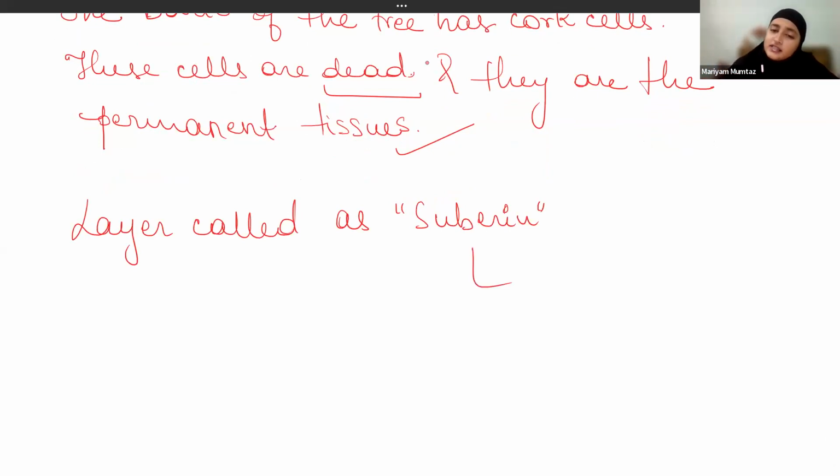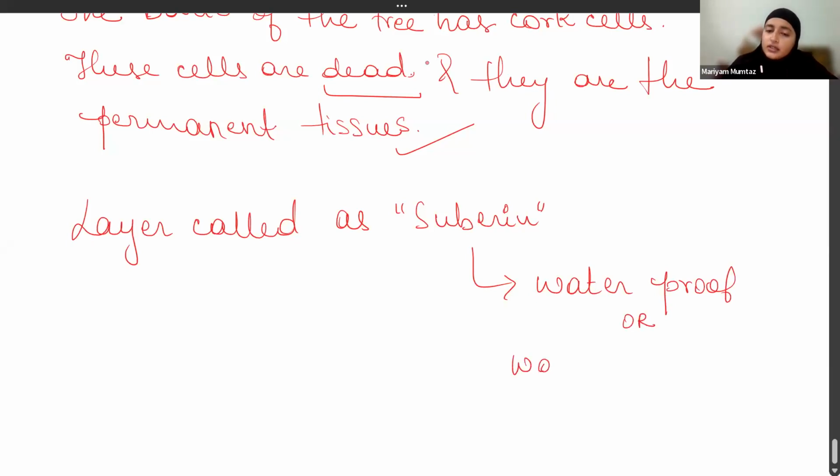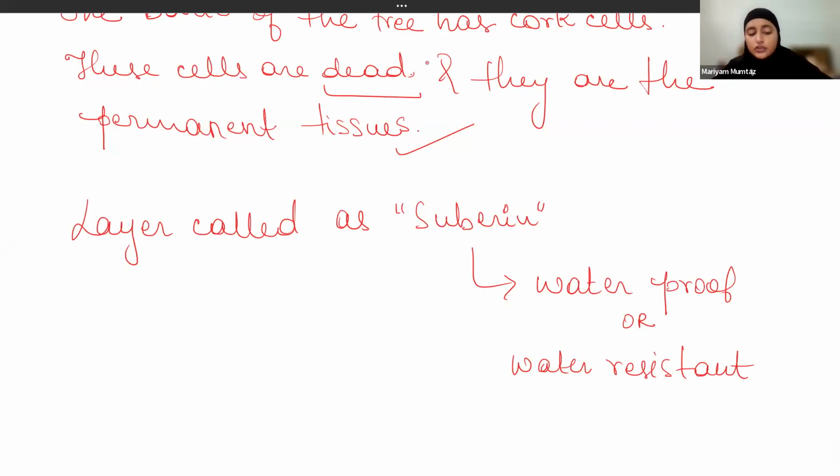And again, this suberin is also waterproof, or you can say it is water resistant. Being water resistant, it means that it will not allow the loss of water. Is it clear? Yes, it's clear now.